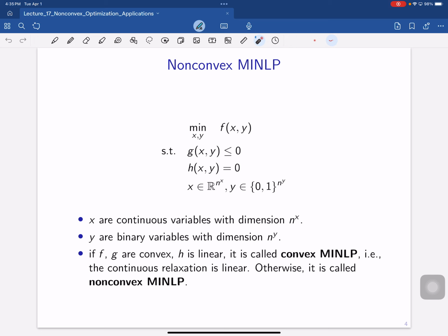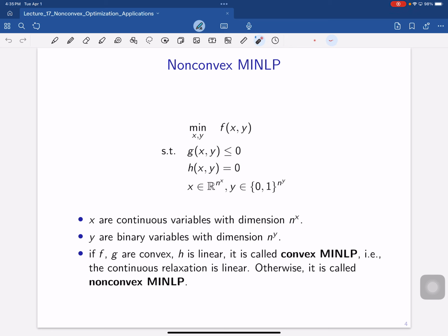So this name can be quite confusing, but it is sort of a convention in this area. Of course, a mixed integer nonlinear program itself must be non-convex because you have binary variables, right? So when we say a convex MINLP, it means if you relax the binary variables, the rest of the problem is convex. Because if f is a convex function, g is convex, h is linear, then if you relax the binary variables, this is a convex nonlinear program.